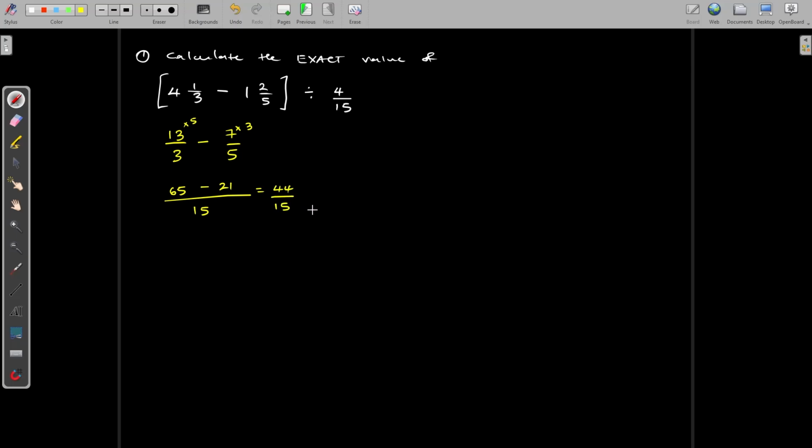And then I started to divide it by the 4 over 15. And because when you're dividing, you have to do KCF, I changed the division symbol to multiplication and flipped the 4 over 15, which would give me 44 over 15 times 15 over 4, which would give me 660 divided by 60.